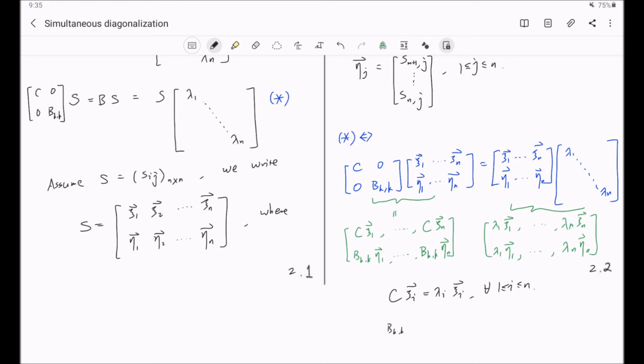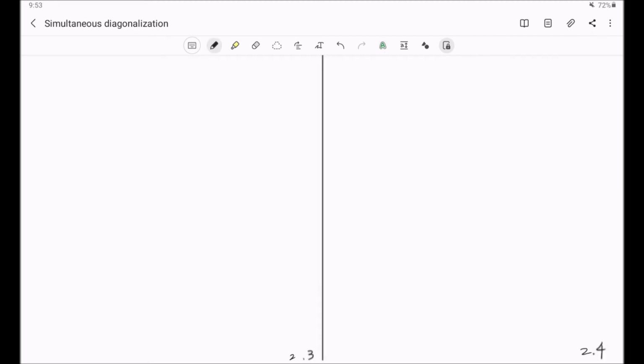And B sub kk times eta sub j is equal to lambda sub j times eta sub j for any j greater or equal to 1, less than or equal to n. Now, our next step is to try to show that both C and B sub kk are diagonalizable, and then we can apply our induction hypothesis on C to get the conclusion.